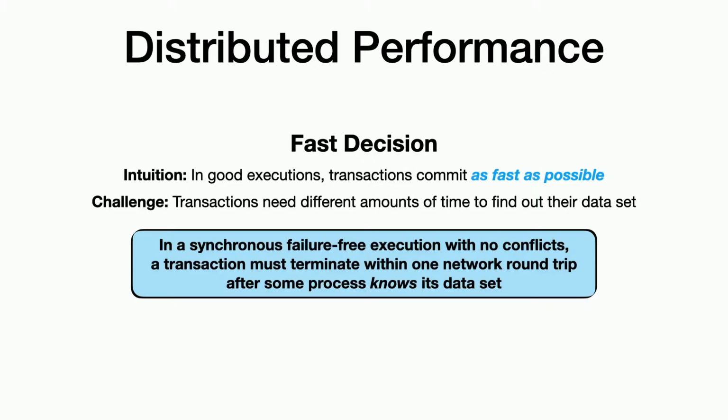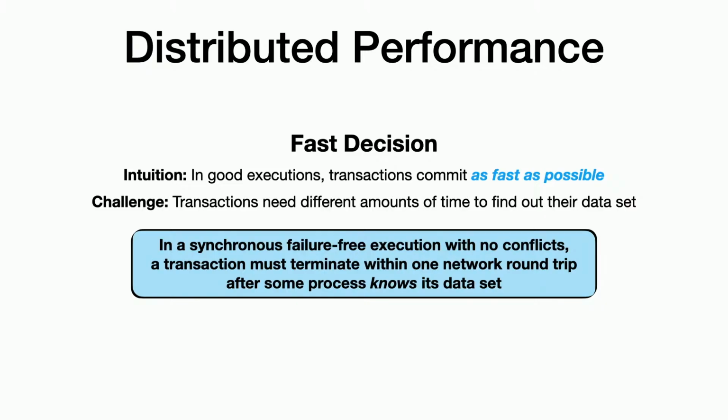The way we define the fast decision property is that in good executions, where it's synchronous, failure-free, there are no conflicts, and everything works out well, we want the transaction to terminate within one network round trip after someone knows what the data set is. There are many processes in the system, and it's possible that some will discover the data set before the others. Maybe one process discovered the data set because it read something, and now it needs to notify the others.